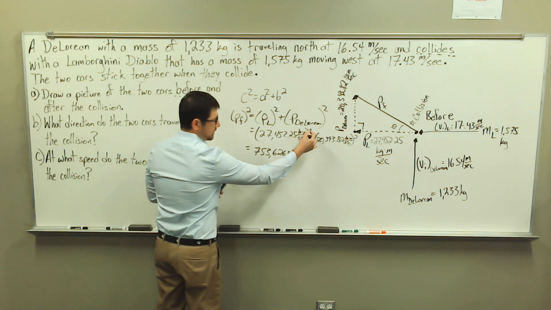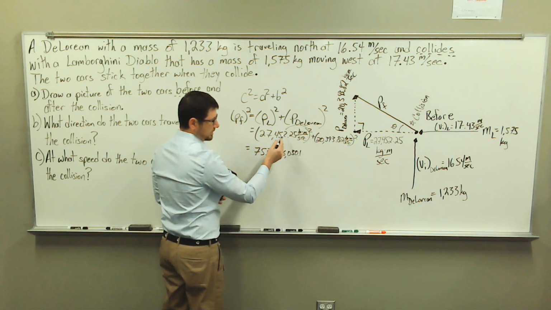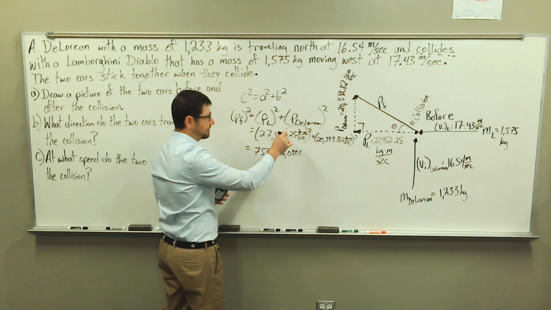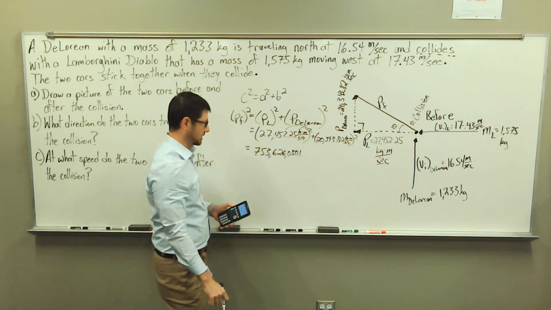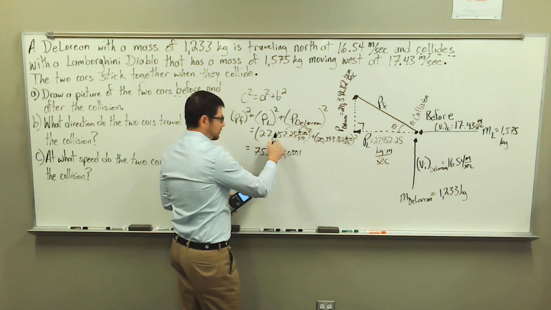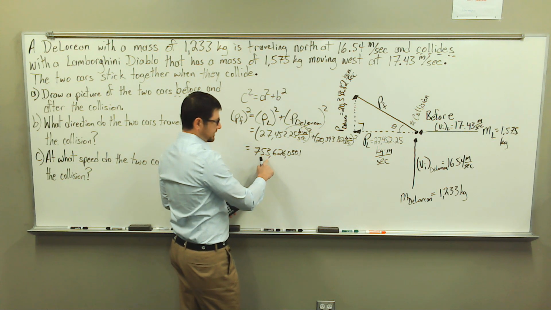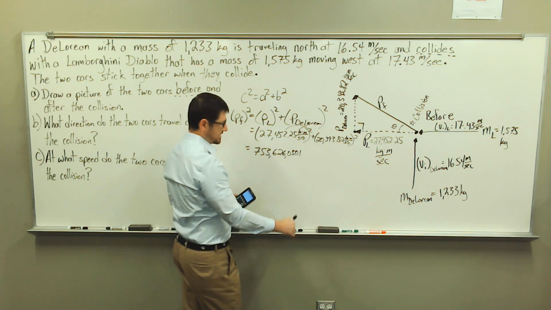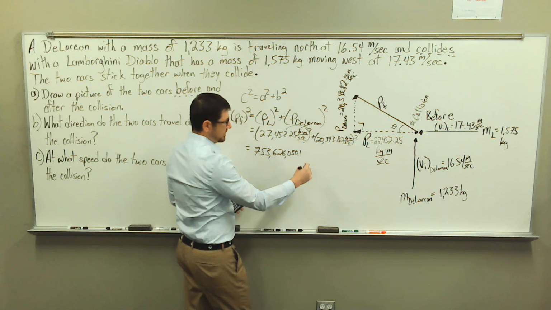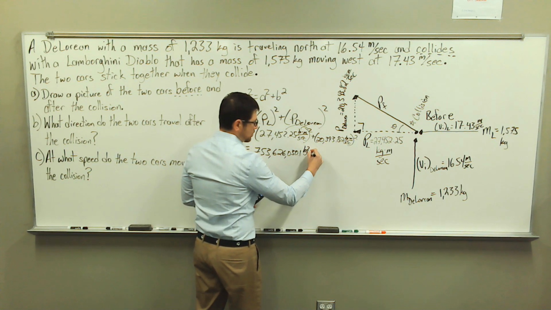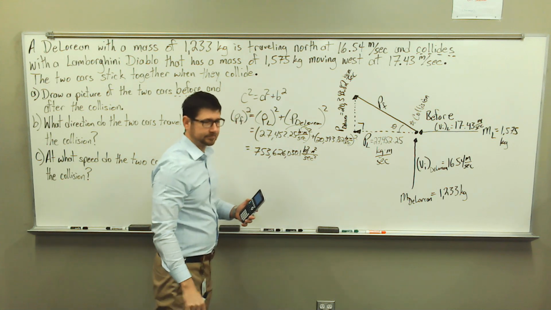Now, remember, when we square this value, not only are we squaring the numerical value, but we are squaring the unit value as well, okay? When I square my unit value, I've got kilograms squared times meters squared per second squared.